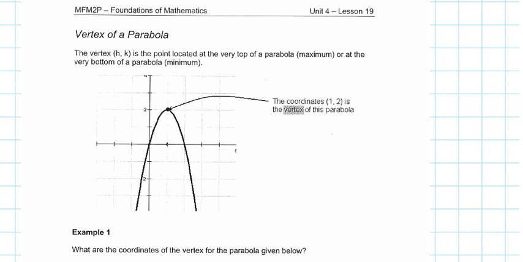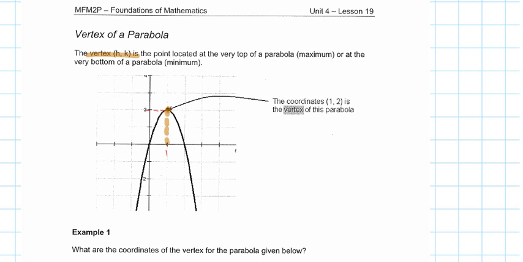The vertex is a point, where you're going to have to include the x and the y value of the vertex. So if I look at this point right here, which is my vertex, my x value is 1, and my y value is 2.